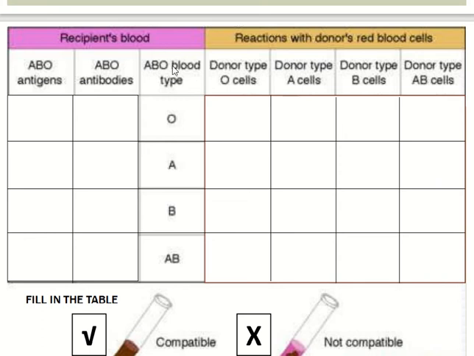Okay, look at this. The recipient blood is O, A, B, and AB. For this one you have to fill in the table, which one is compatible and which one is not compatible between the recipient and the donor blood.